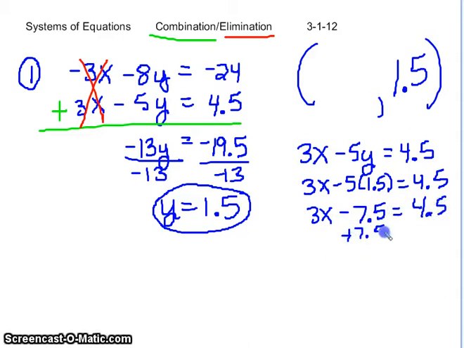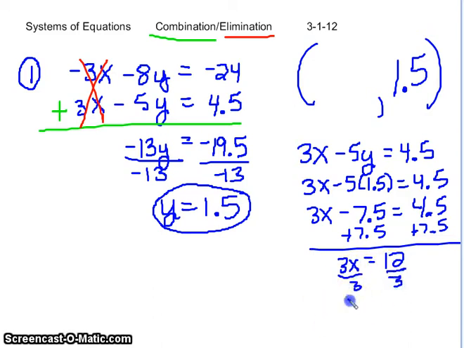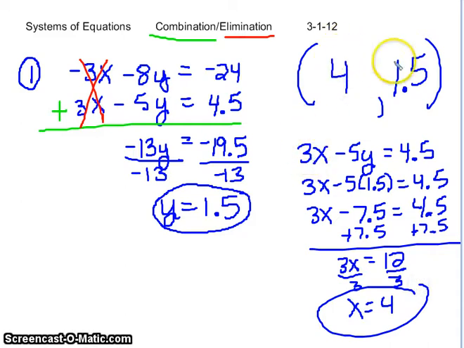You add 7.5 to both sides, and 3x equals 12. Divide by 3, and x equals 4. So the answer is 4, 1.5. That works. That's my answer.